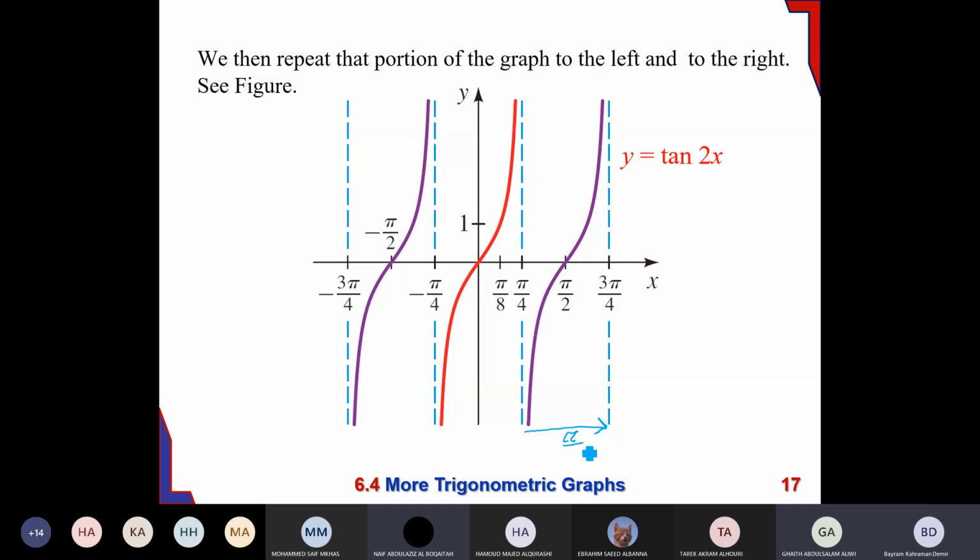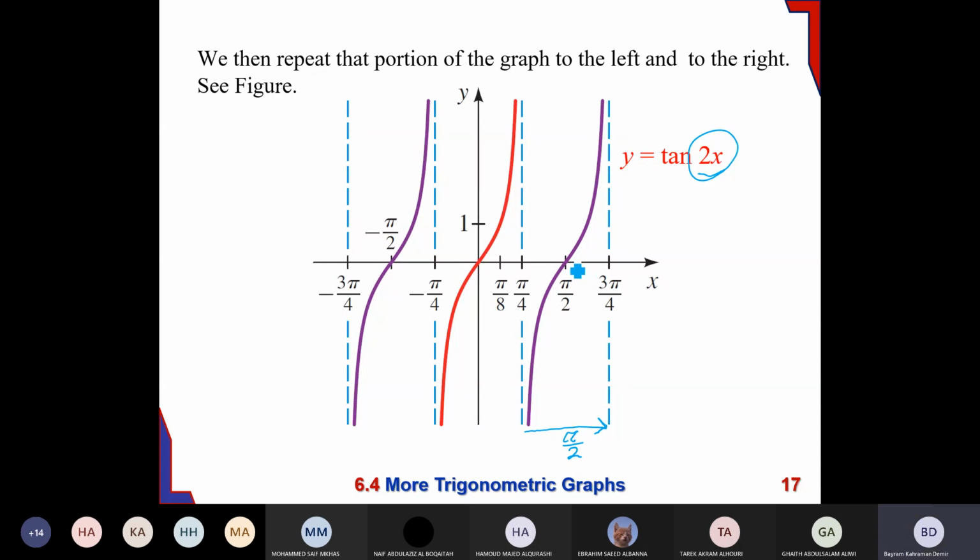Pi over 2. Yeah, one period, right? A period is pi over 2. So pi over 4 plus pi over 2 will be 3 pi over 4. So you get another asymptote, and just copy the same image between these two asymptotes.